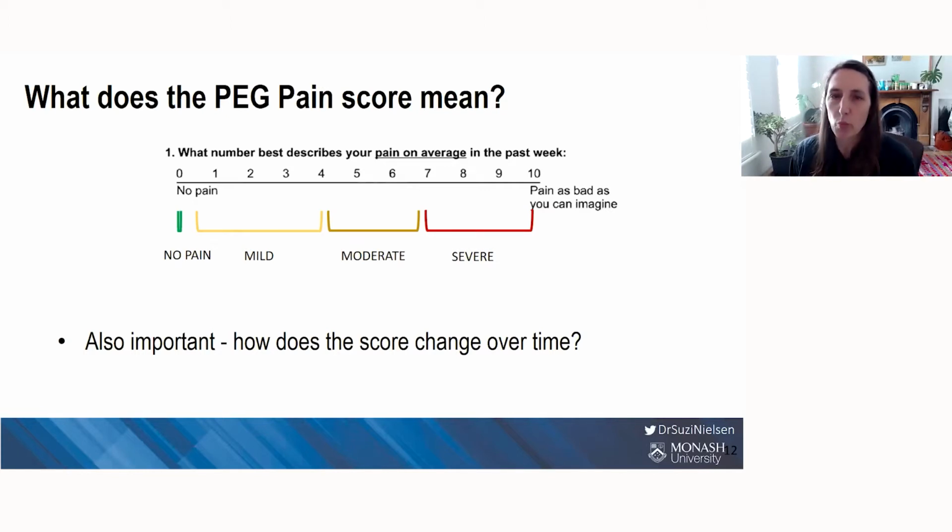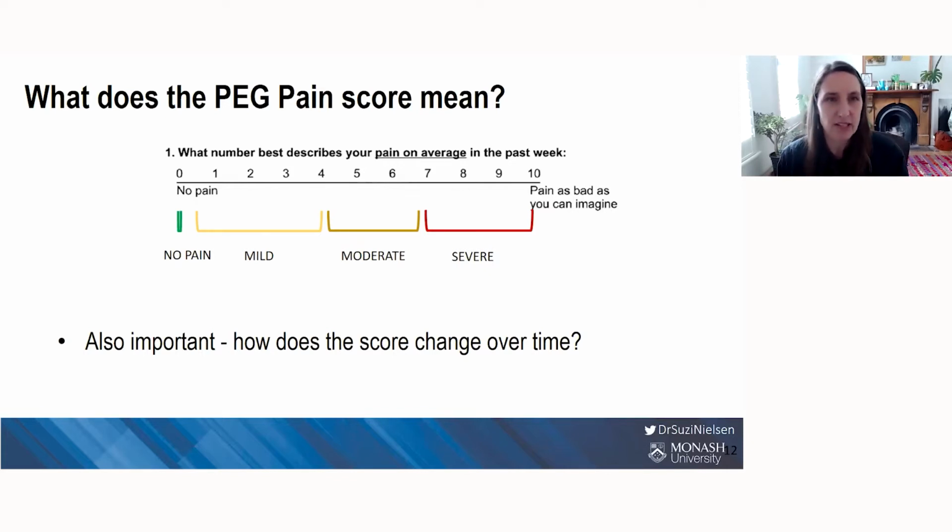And when you're interpreting these scores, if people are on strong opioids and they're still experiencing severe pain despite being on those opioids, it might suggest that their pain management isn't optimized and there is room to do more.